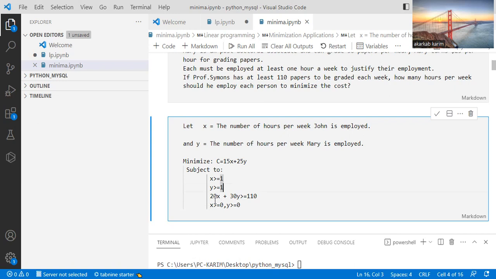We have this constraint with x because John grades just 20 papers and Mary grades 30 papers, and the professor has 108 papers to be graded each week. So 20x plus 30y greater or equal to 108, and x and y should be equal to 0 or positive.